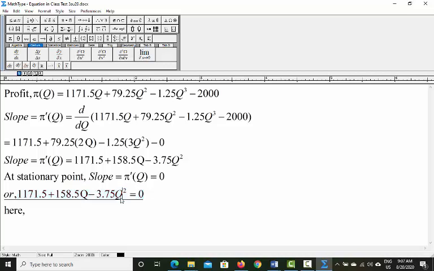Always remember, whatever coefficient you have with the squared variable, that's the value of a.